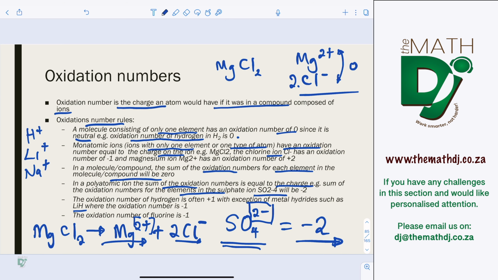But in the case of lithium, remember hydrogen has got 1 electron. So let's say this is the nucleus and this is the electron. For it to be stable, it can gain an electron or lose one.